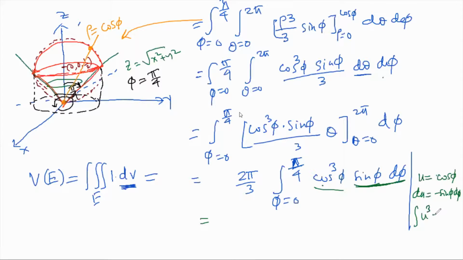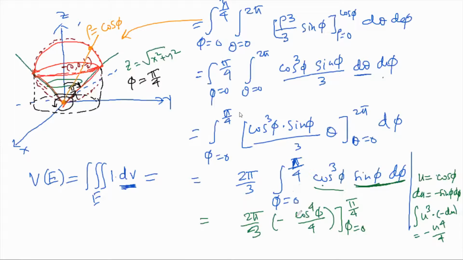So if you integrate that, it would be u cubed times negative du, which would be negative u to the 4 over 4, right? So if you do this integral, that would be negative cosine to the 4, and then phi goes from 0 to pi over 4.